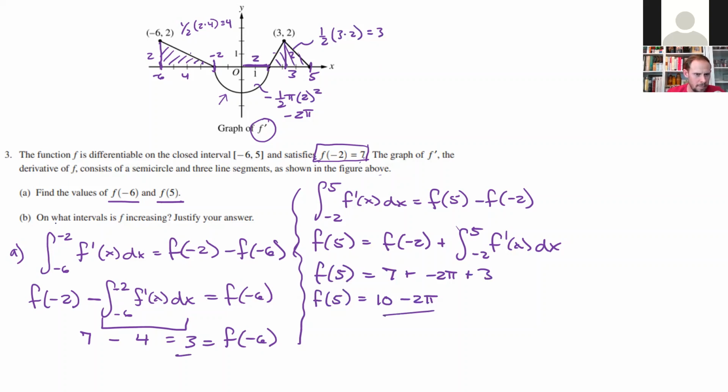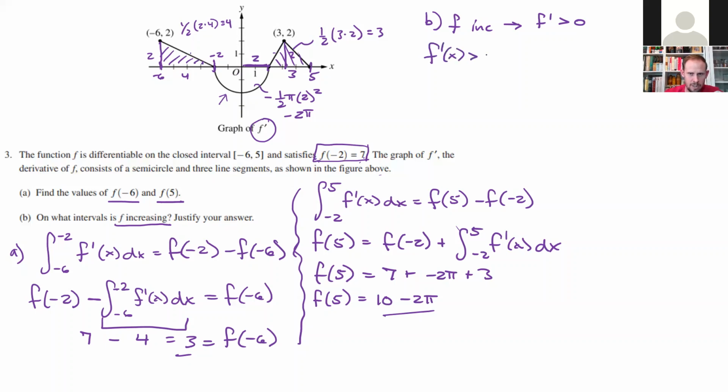Cool. Part B. On what intervals is f increasing? Justify your answer. So for part B, f is increasing whenever f prime is greater than 0. This is the graph of f prime up here. So we're just looking for when f prime is greater than 0.